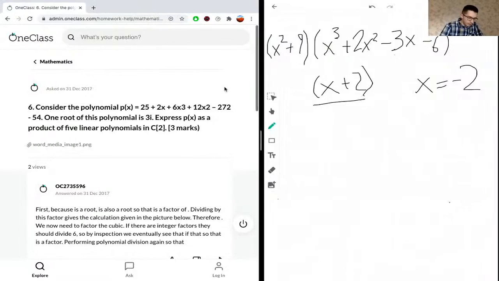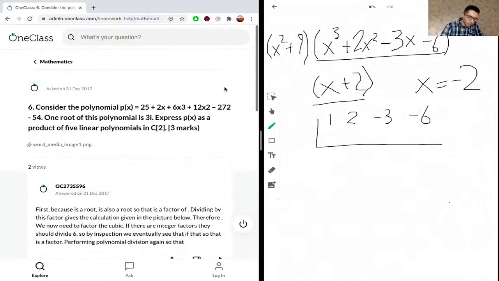To do synthetic division, I'll go through the steps one by one. You place all the coefficients of this function on top. So I'll say 1, 2, -3, and -6. And then we'll put the root over here, -2. The first thing you do is bring down this value, and we'll write it down here.